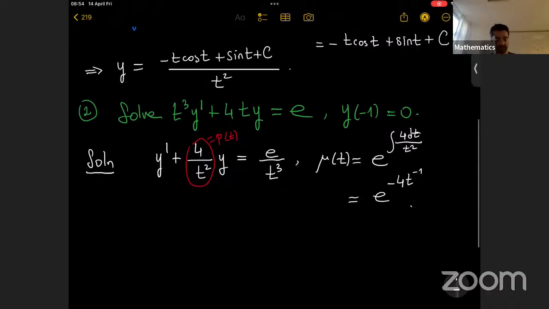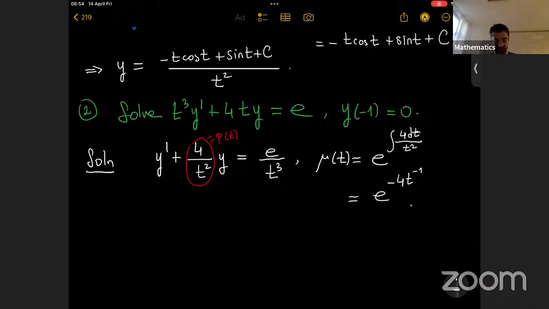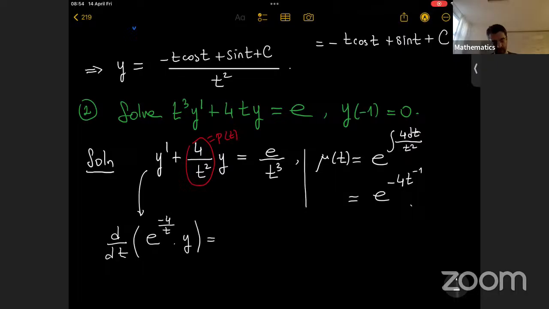Let's multiply both sides with this integrating factor. So the equation becomes d/dt of e to the minus 4 over t times y is equal to e to the minus 4 over t times e over t cubed. Okay, this.